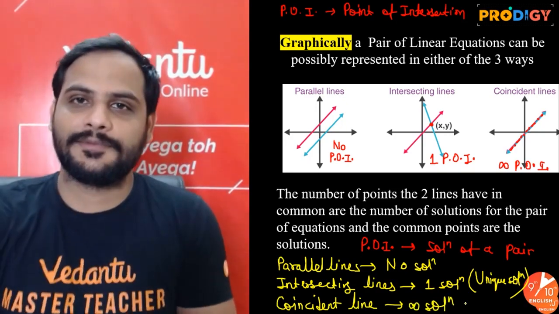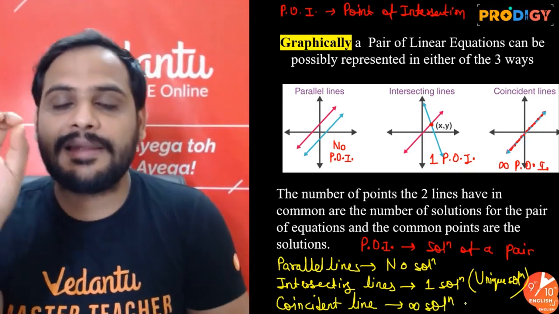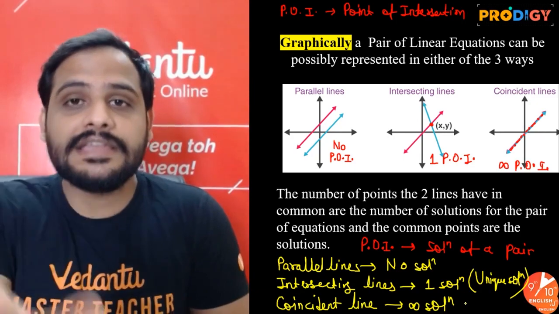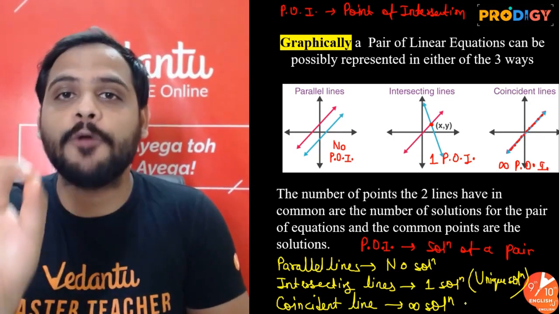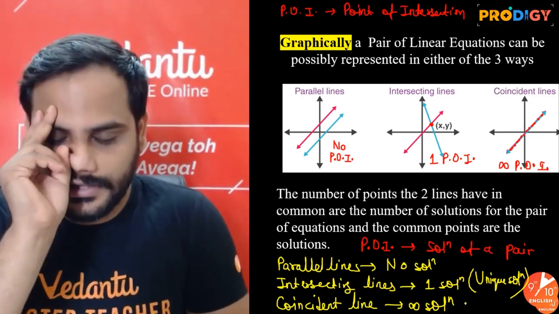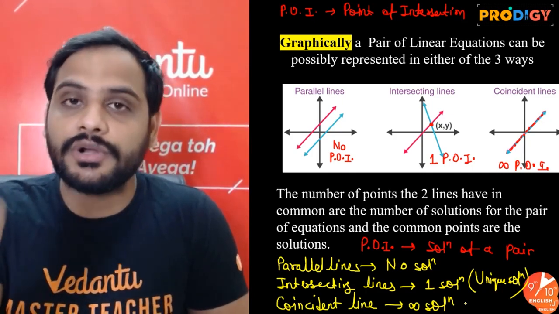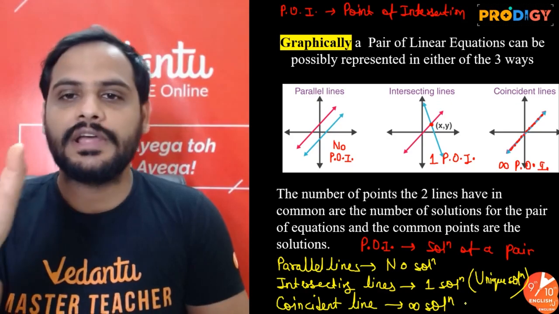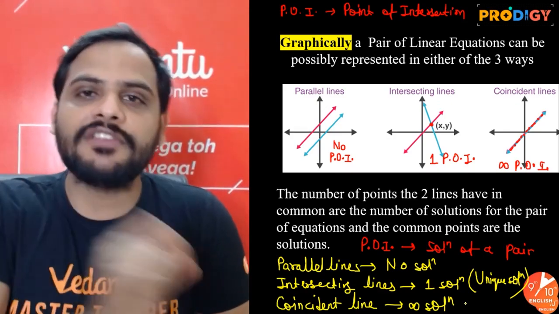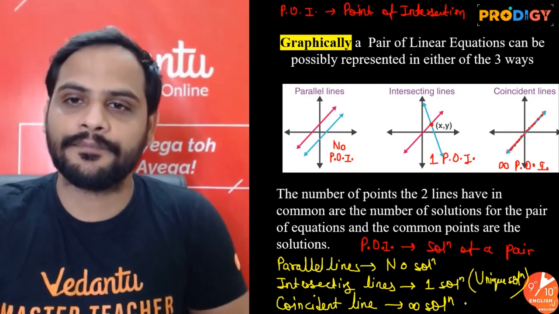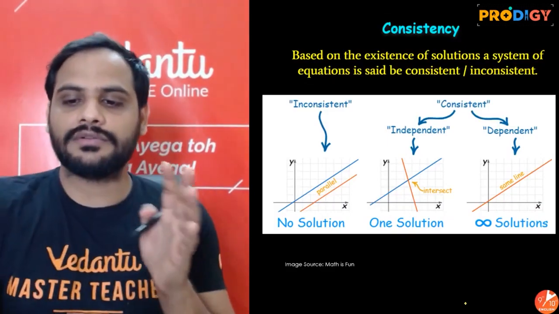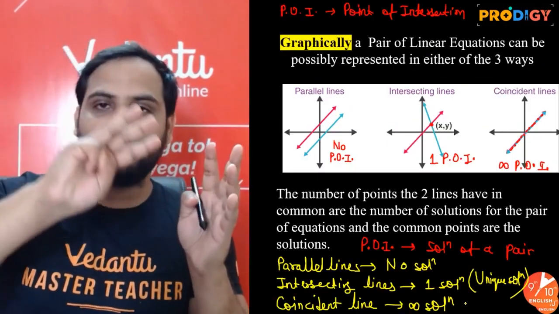How amazing it is. Remember, beta, since I'm talking about a pair, these are the number of common solutions. Whenever I talk about the solution for a pair of linear equations, I am talking about the common solution for both the equations.